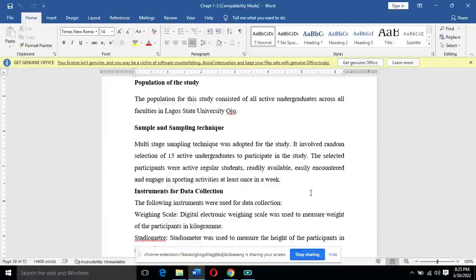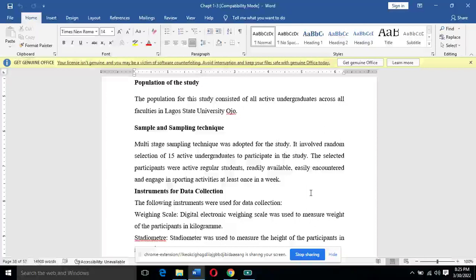By virtue of the topic, all undergraduates in all the schools in Lagos State are the population of my study. Please understand this. All undergraduates, regardless of the school, whether they are in LASU, they are the population of my study.